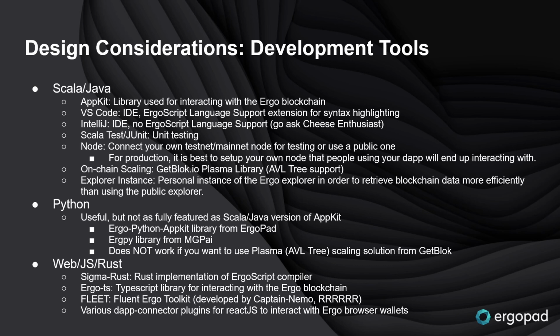The purpose of that is to create a pure JavaScript library that implements all of the functionality of AppKit. So it unlocks all of that power for JavaScript users, and hopefully this will help to onboard many developers. And then there are various dApp connector plugins for React.js to interact with browser wallets.